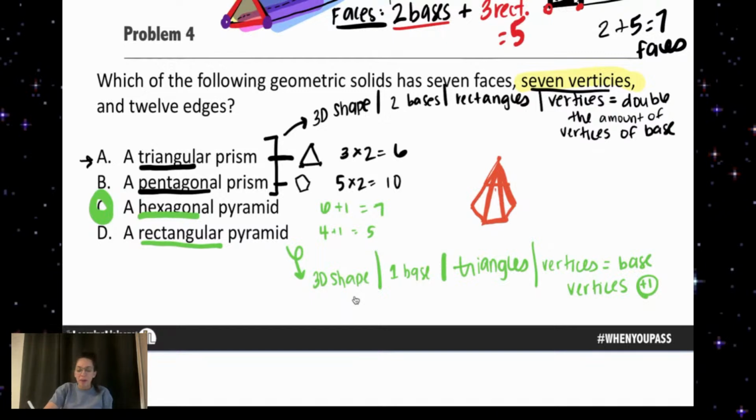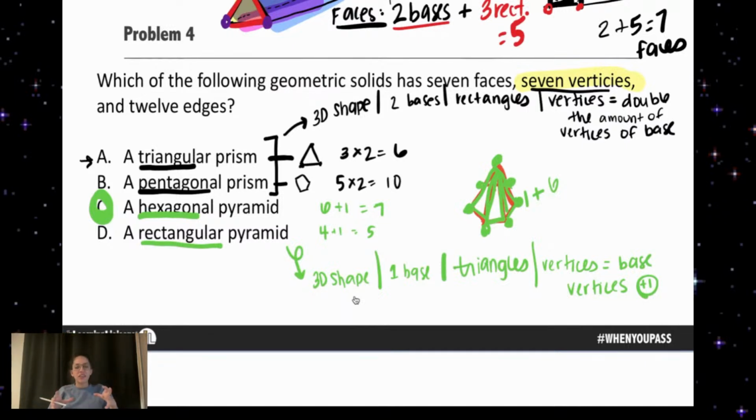And so I have my base, which is 1, plus how many triangles do I have? I'm going to have the number of triangles that I have sides of my base, because there's a triangle for every side of my base, which is why it's 1 plus the number of sides of my base. And then the vertices is going to be the same thing, because I have all my vertices of my hexagon plus 1 extra at the top.